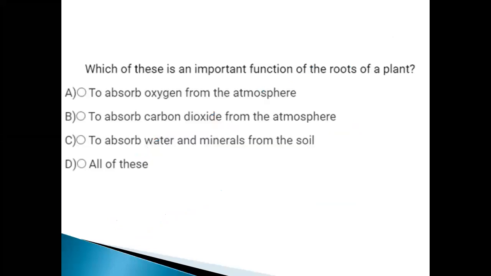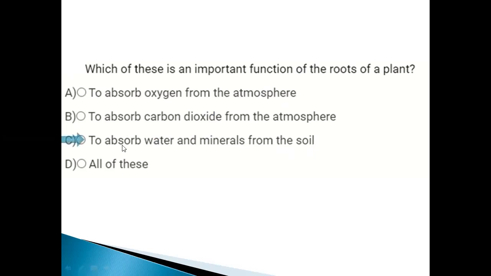Which of these is an important function of the roots of a plant? We have four options: to absorb oxygen from the atmosphere, to absorb carbon dioxide from the atmosphere, to absorb water and minerals from the soil, or all of these.